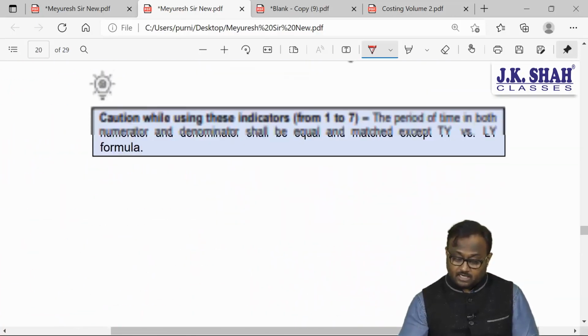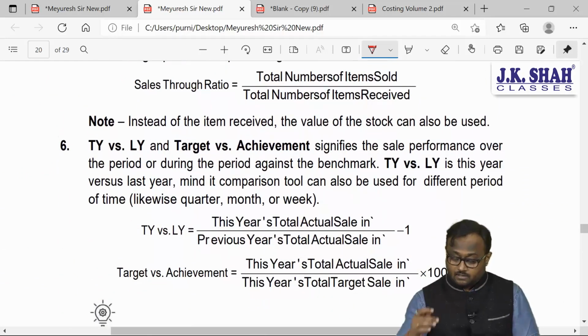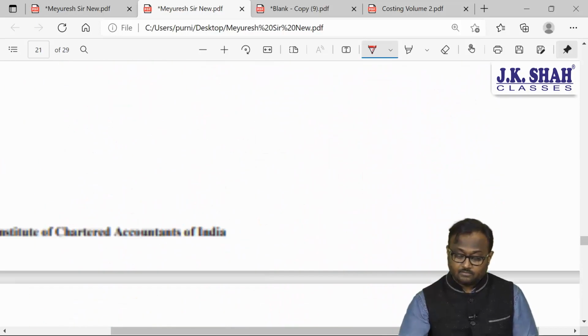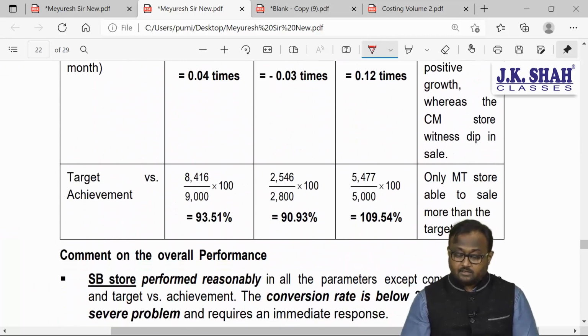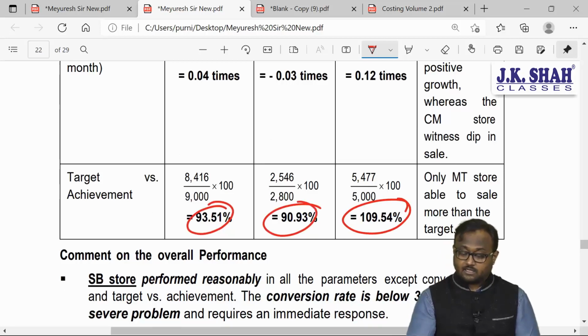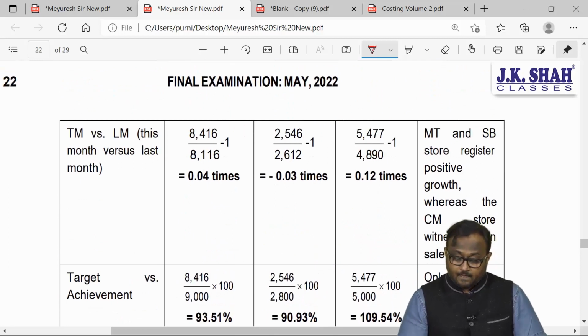Then you had the second last one, if you recollect, actual upon previous year comparison, and finally target achievement. You have done better than the target, less than target, less than target. Last month's versus current month's comparison.